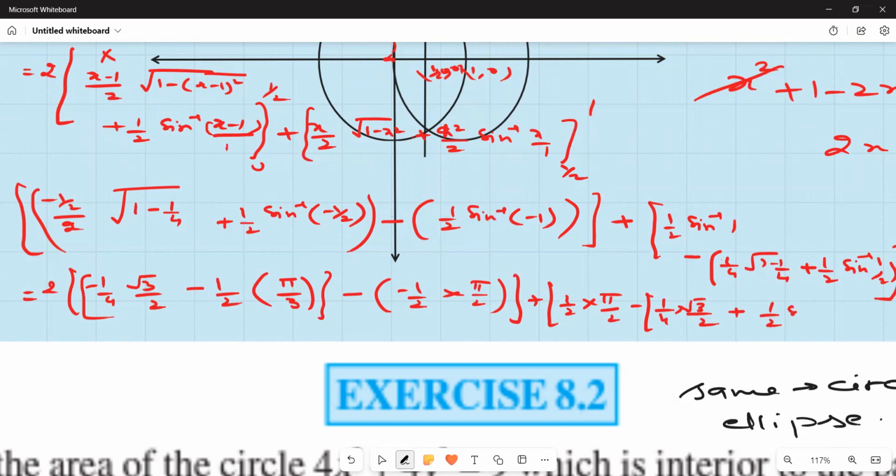So half sine inverse 1 by 2 is again 30, pi by 6, right?